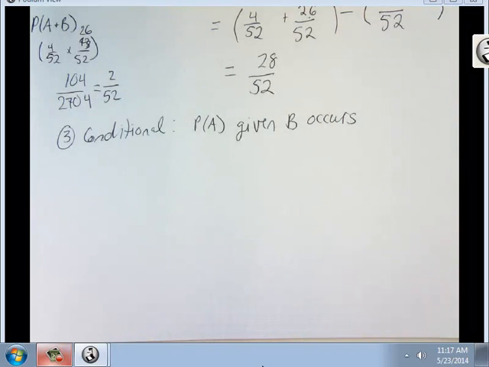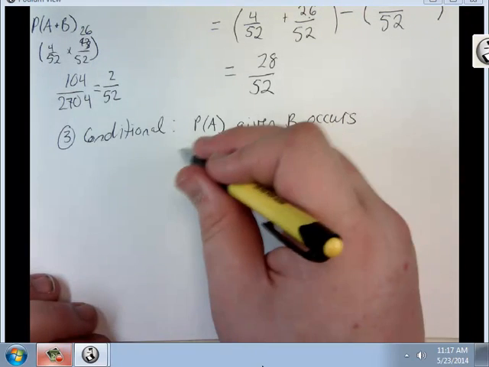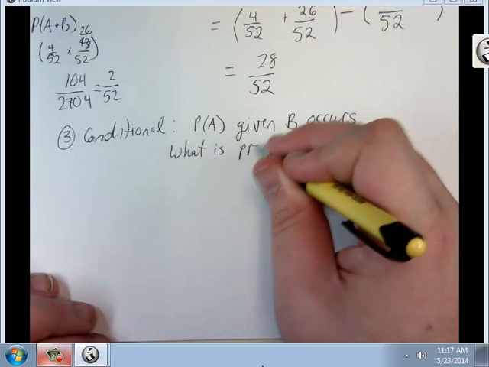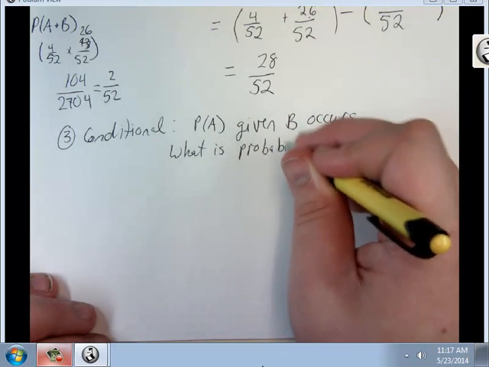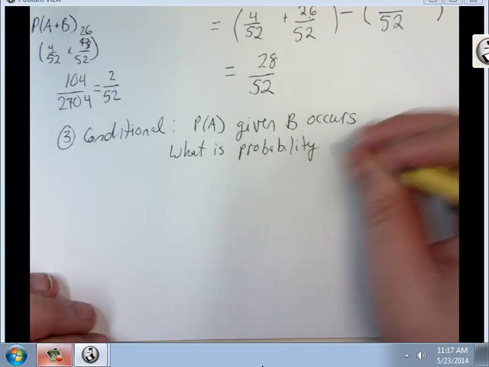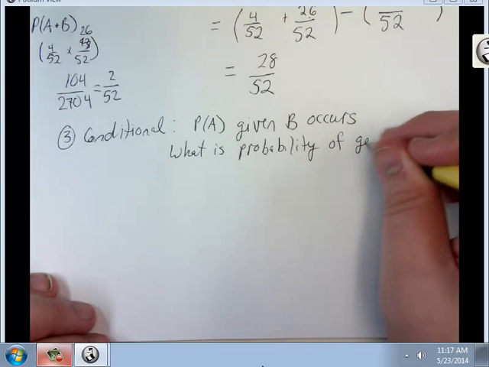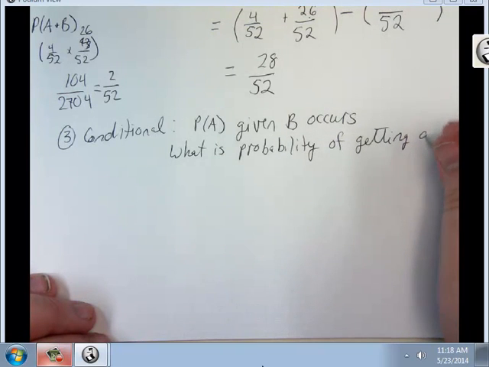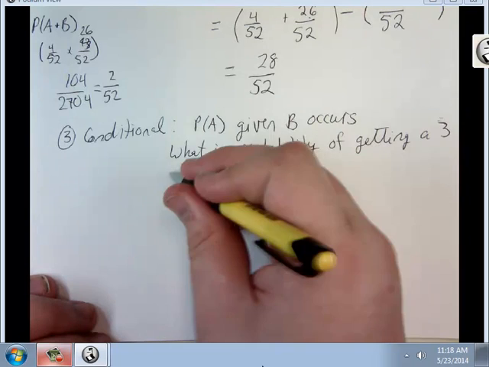So what is the probability of getting, let's just say, a 3 given you draw a club?